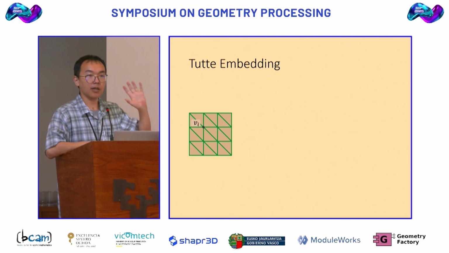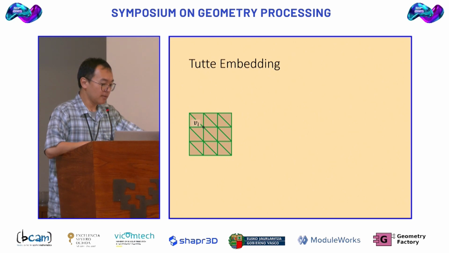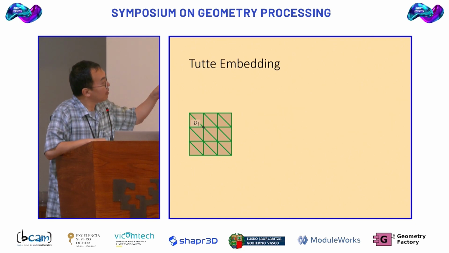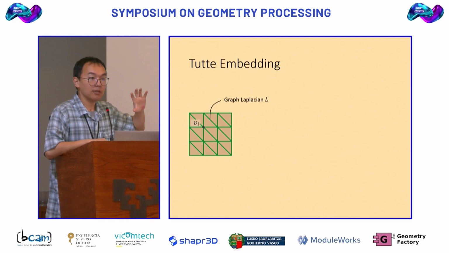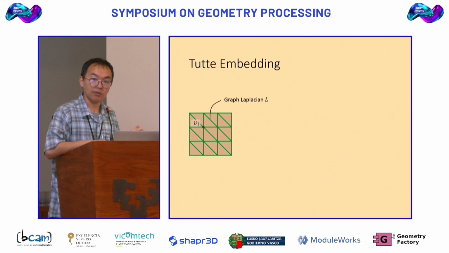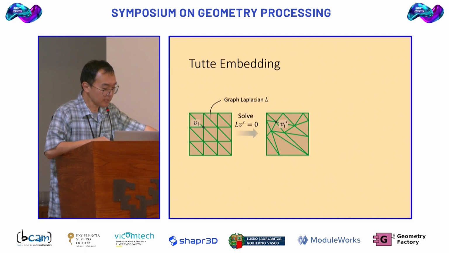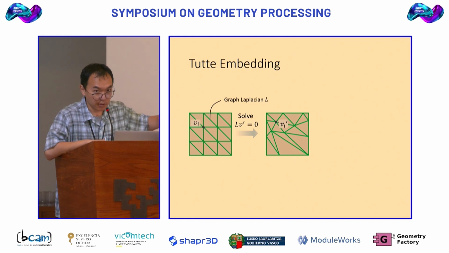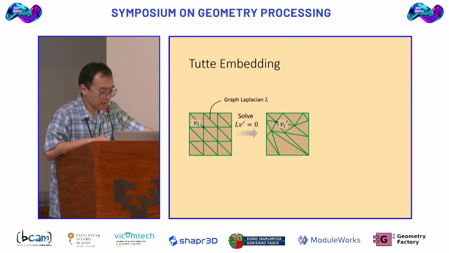So what is a Tutte embedding? You have a convex domain. You fix the boundary, and the boundary has to be convex. So essentially you fix the boundary and you solve a Laplacian to determine the locations of the interior vertices. You can move the vertices around the boundary.